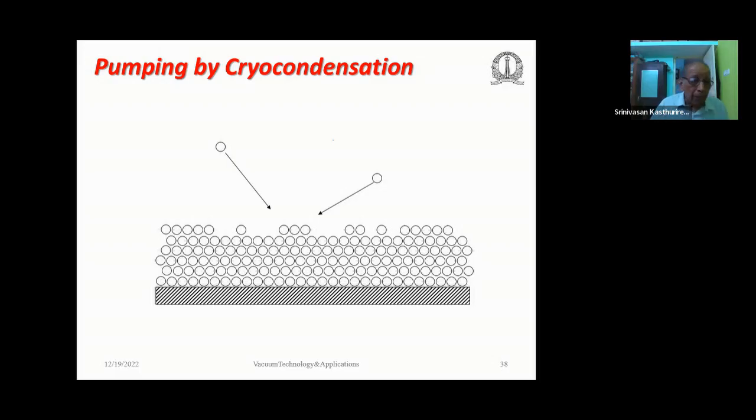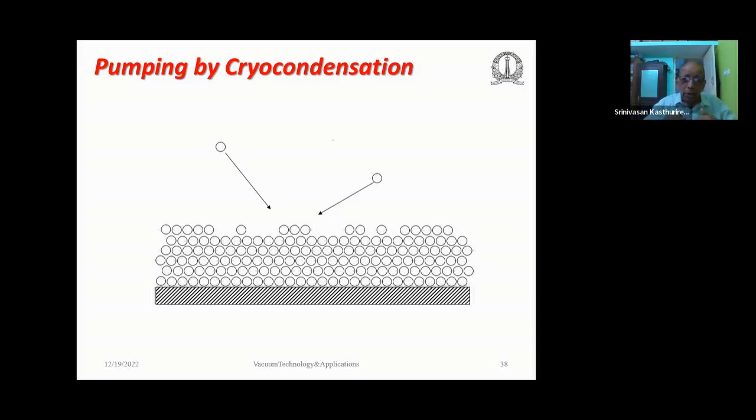Okay. Now you can pump a gas by using the process of cryocondensation. What exactly do we do? We present a plate. You imagine that you present a particular plate which is cooled to very low temperature. Then all the molecules which are surrounding it will keep on condensing on its surface.